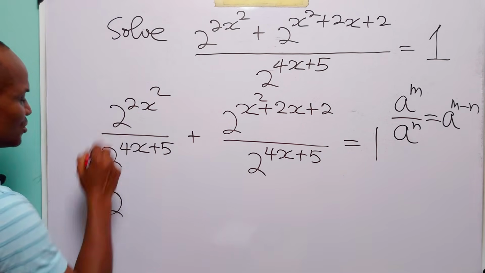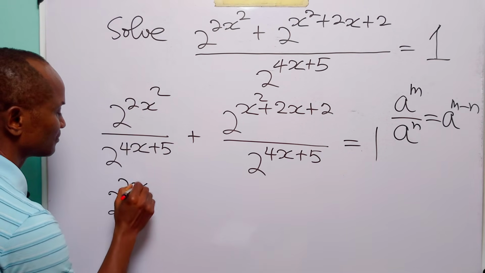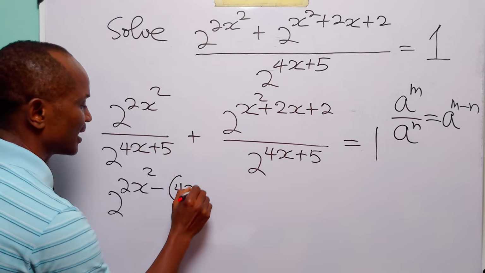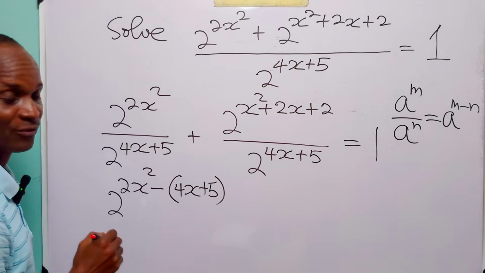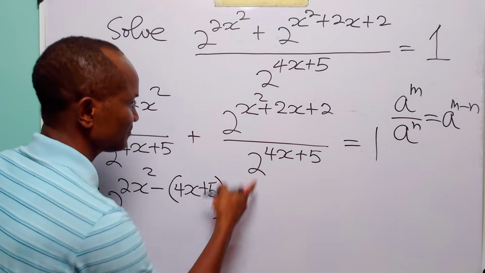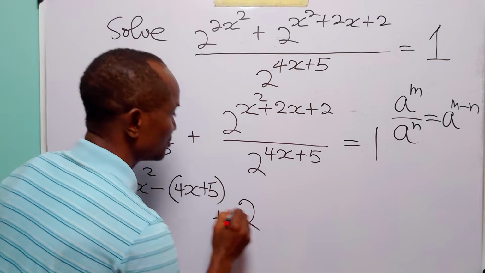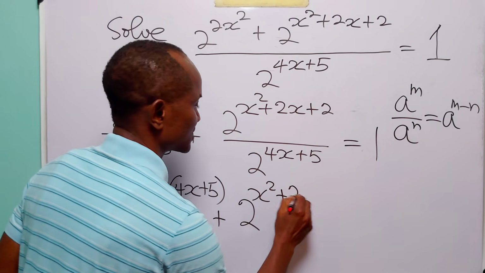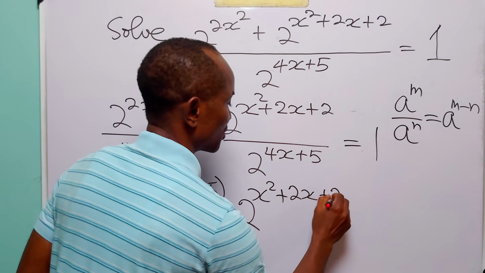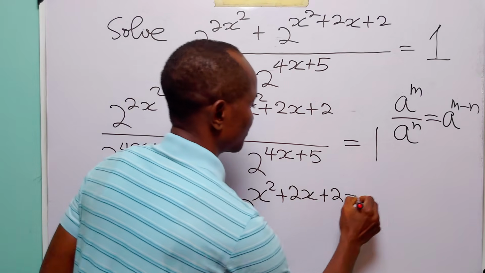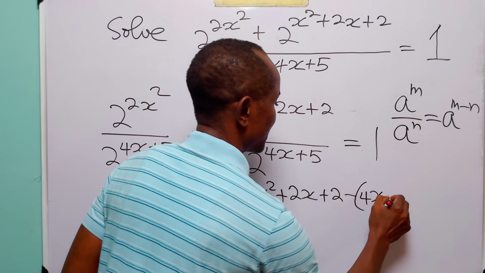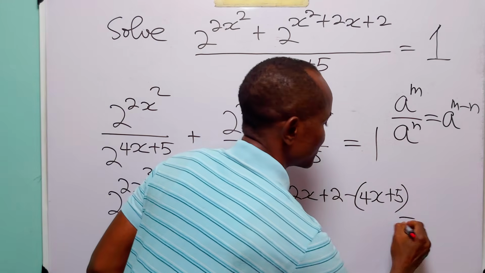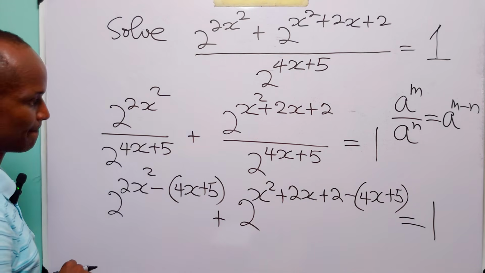So we have 2 to the power 2x squared minus (4x plus 5), plus 2 to the power x squared plus 2x plus 2 minus (4x plus 5). And of course, everything is still equal to 1.